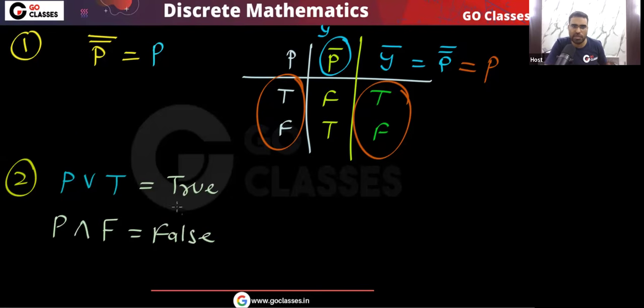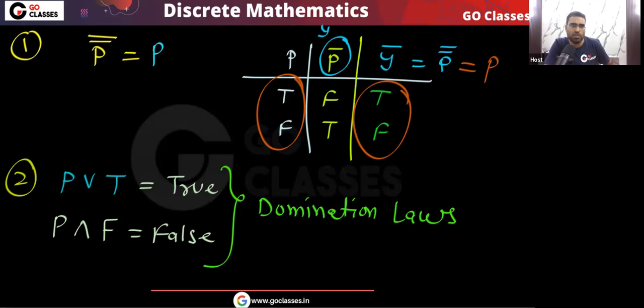Okay, very simple point. So remember, anything or true, that will be true. Anything and false, that will be false. You can check the truth table of and. There you can easily see anything and false is always false. Is this clear? These two rules are called domination laws. Why are they domination laws?